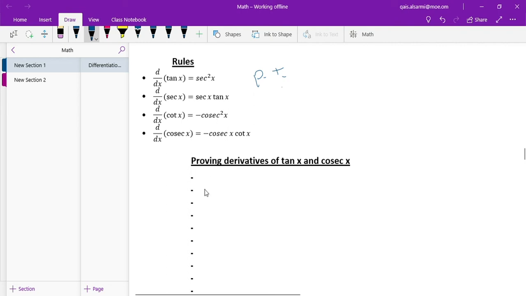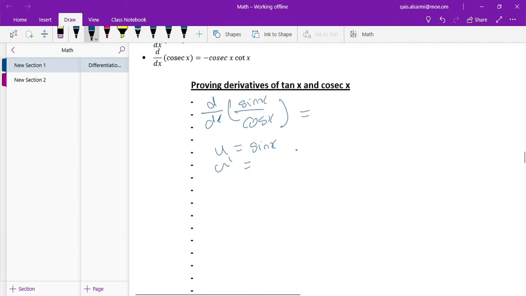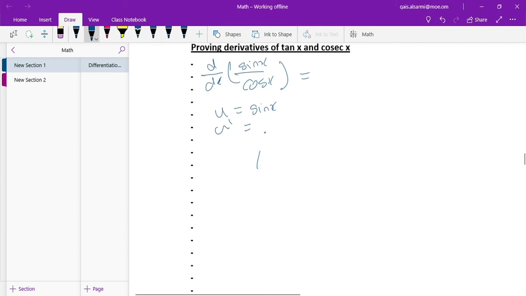To prove that, you have to solve it as if it is a question. Instead of tan, you may write it sine x over cosine x. Now you have u and v. U is sine x. U dash, derivative of sine, is cosine x. V is cosine x. V dash, derivative of cosine, is negative sine x.